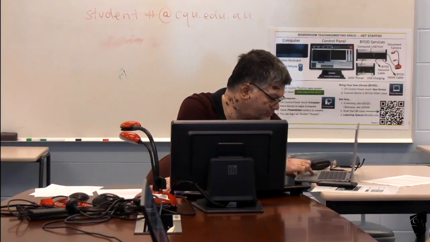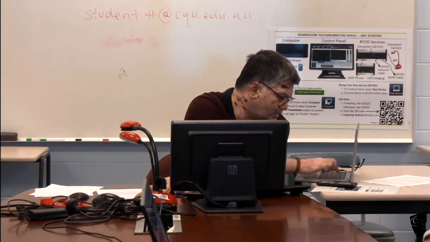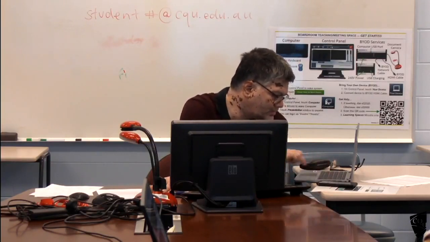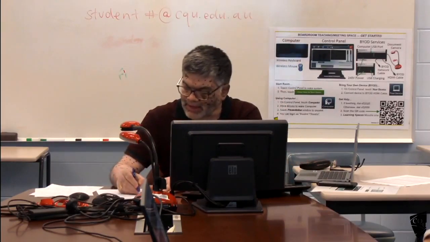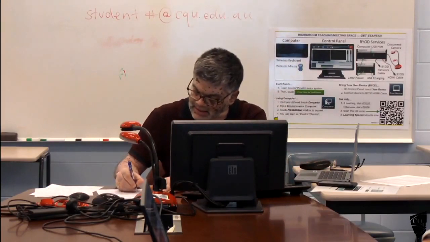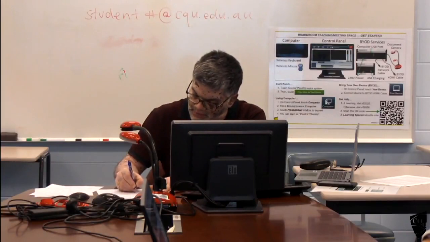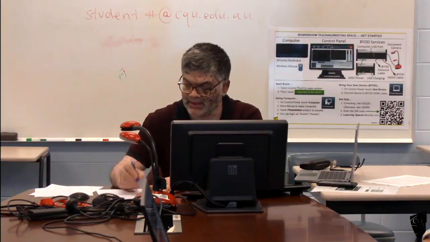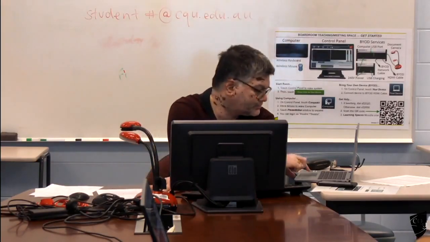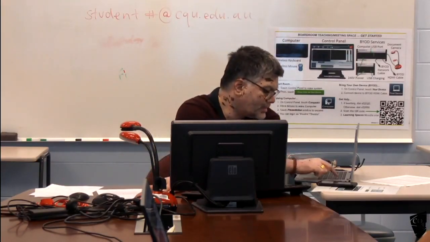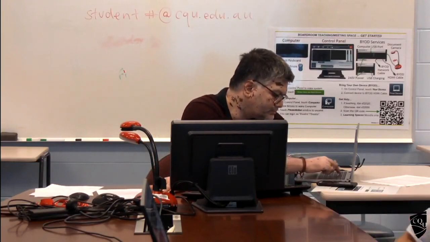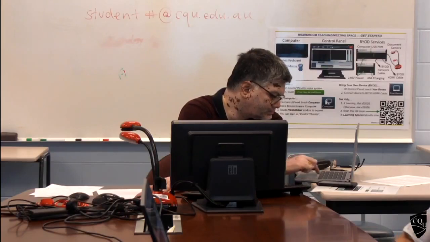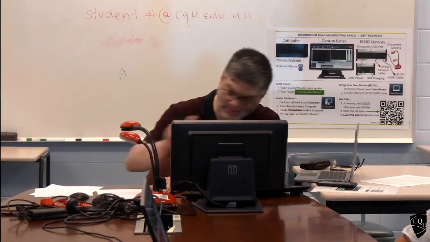So 0.8 times 750, 600. So 80% of this one, 600 will come there. Here we have 650. So 80% of the 650, 520.